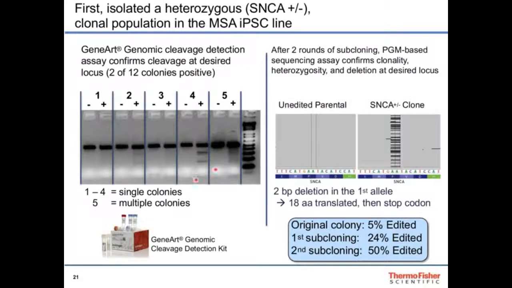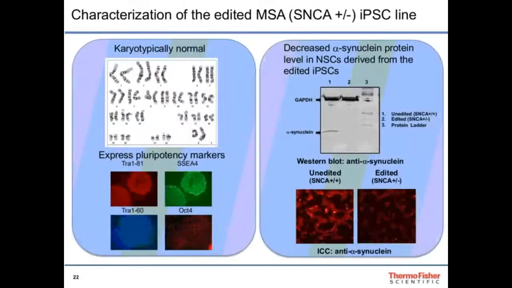We screened colonies, and colony number 4 has this nice cleavage event, which suggested we got a good cleavage. We then sequenced to confirm we did have a knockout. Once we cured the colonies, in the second subcloning, we had about 50% edited, suggesting we had knocked out one of the alleles. We then, of course, checked the karyotype.